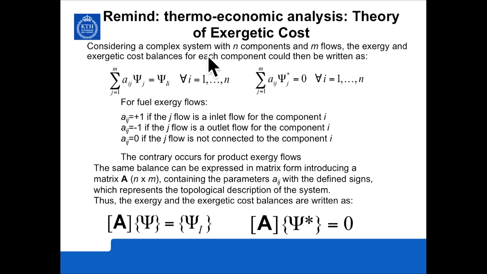We can write for every single component of the system a balance of exergy, as we have done in the beginning of this lecture. So the sum of Psi j multiplied by index Aij is equal finally to the irreversibility produced in the component, so the exergy destroyed by irreversibility in the component.